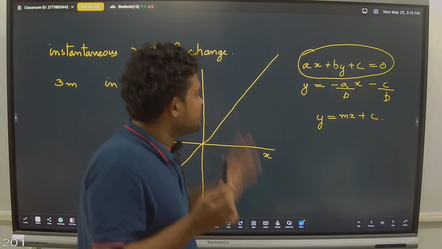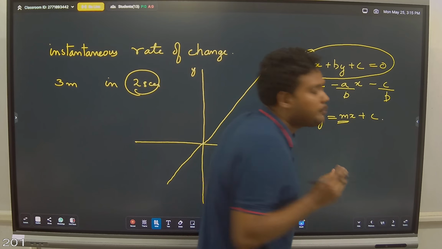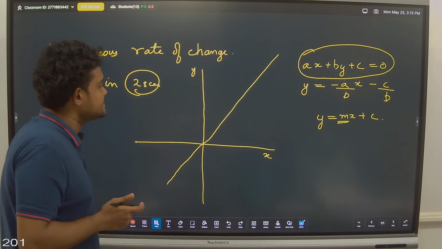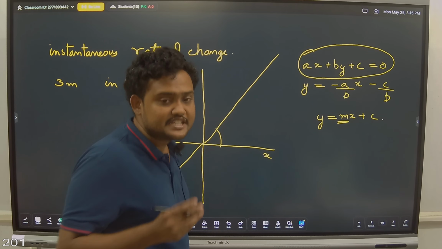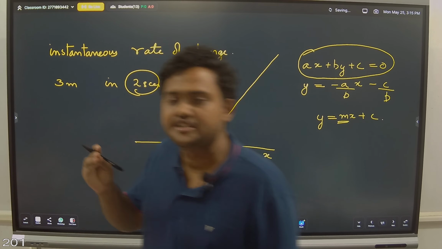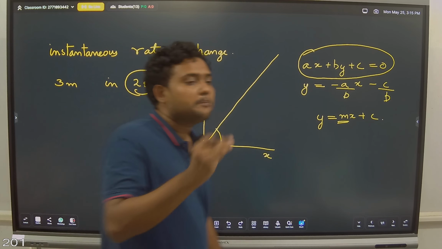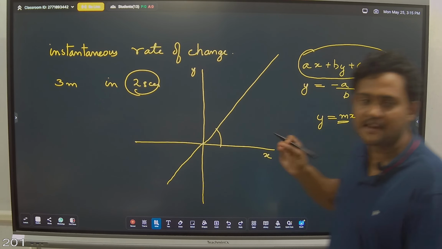Out of those, in this particular equation, m is called the slope of the line. What that essentially means is that the angle made by the line with the positive direction of the x-axis is the... it's not the slope, tan of that angle is the slope.